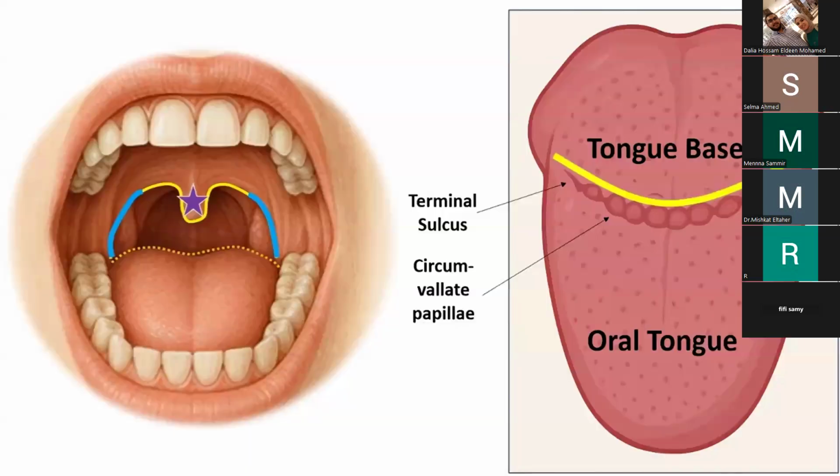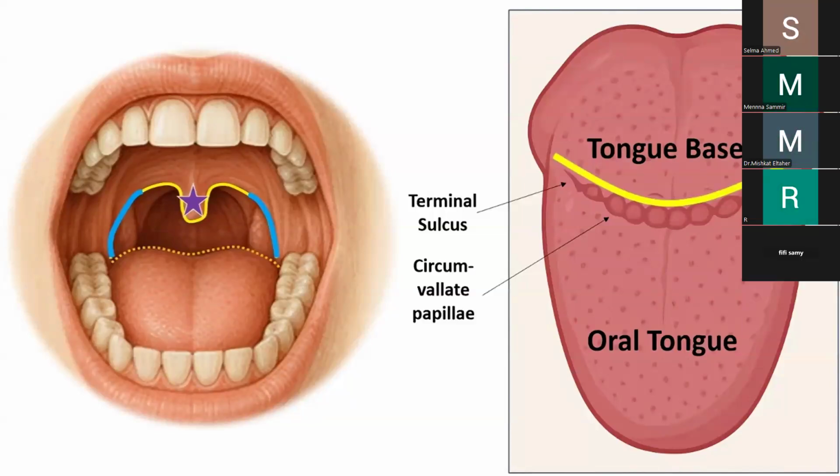Here is the oral cavity. It begins anteriorly at the lips and posteriorly at the circumvallate papillae and the posterior tonsillar pillars. Those papillae are hard to see on MRI, so in practice we use the hard palate and soft palate junction as the posterior landmark. The roof is the palate, the floor is the mouth, and the lateral walls are the cheeks.